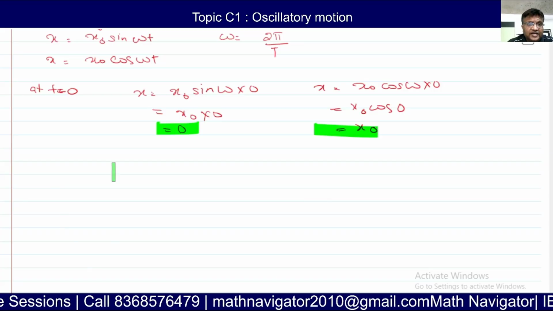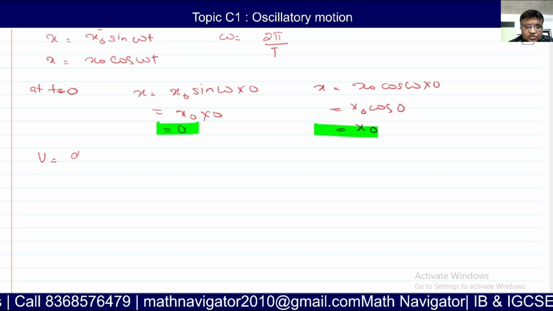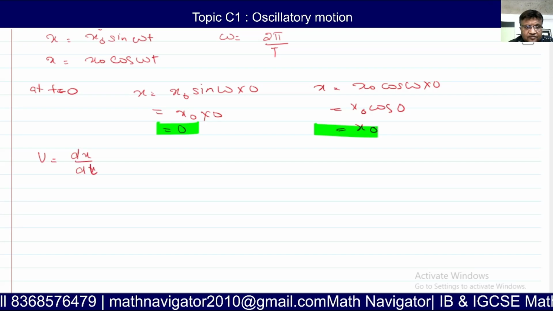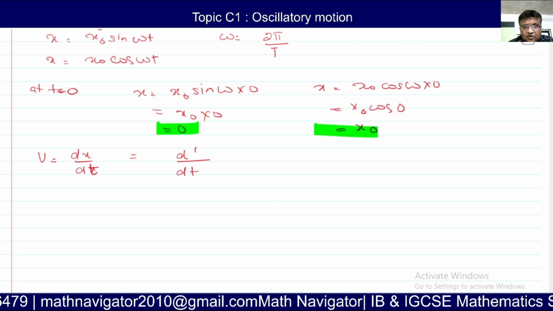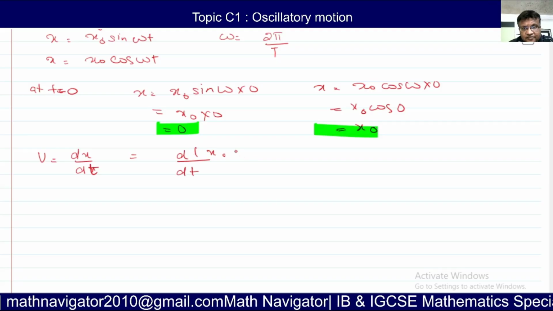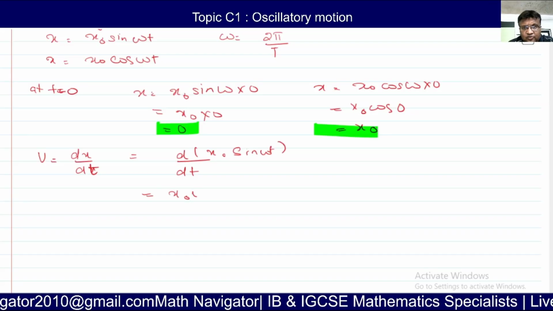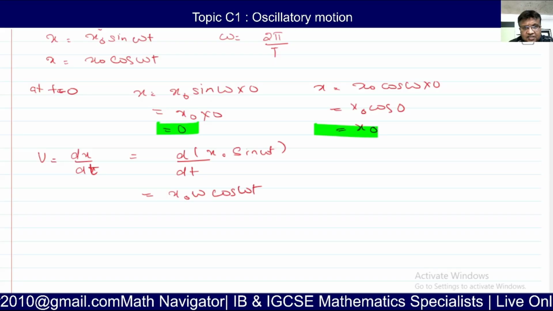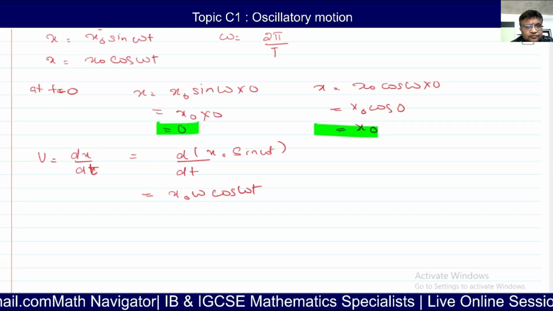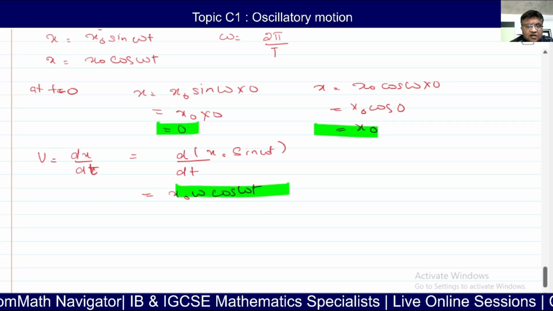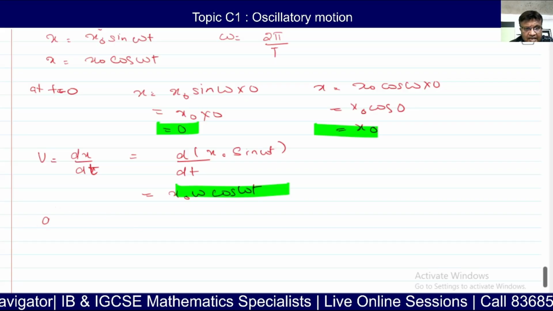Now I want to find my velocity. Velocity is equal to dx by dt. Let's differentiate it. d by dt of x naught sine omega t will give me x naught omega cos omega t. This is my velocity. Now let's talk about acceleration.